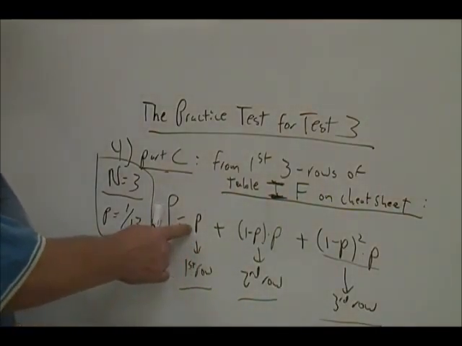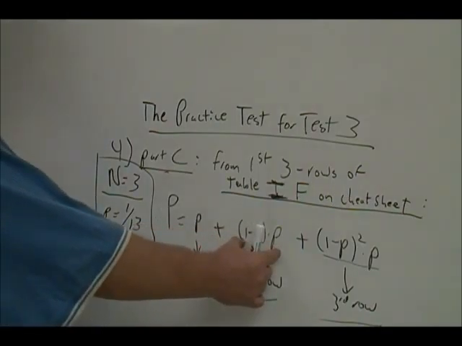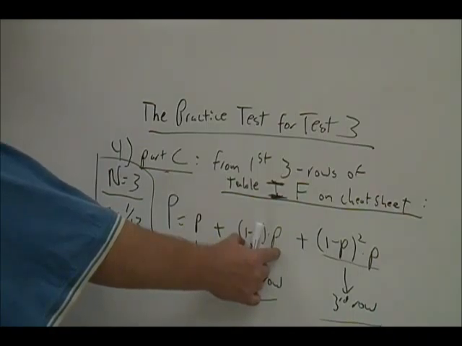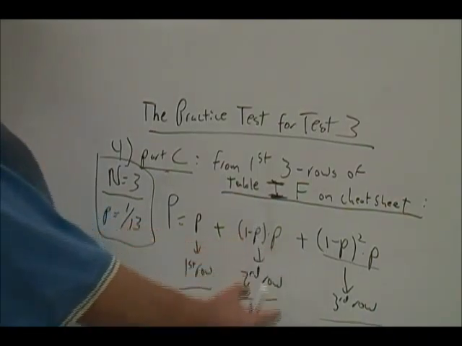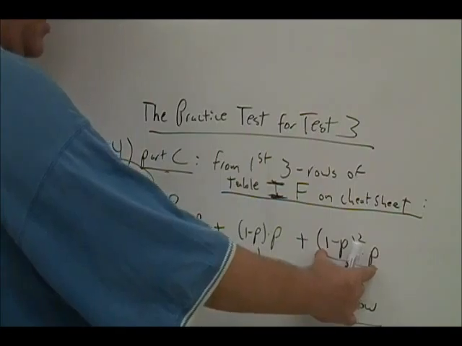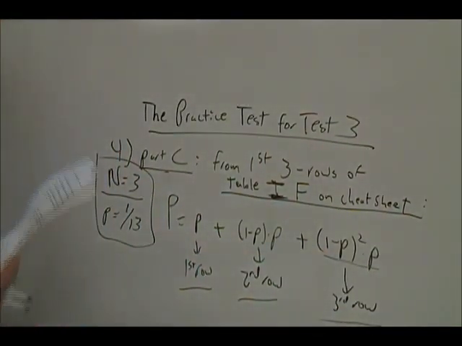So this will give the probability that you draw your ace for the first time on the first draw. This will give the probability of drawing an ace for the first time on the second draw. And this last part gives you the probability you'll draw an ace for the first time on the third draw.